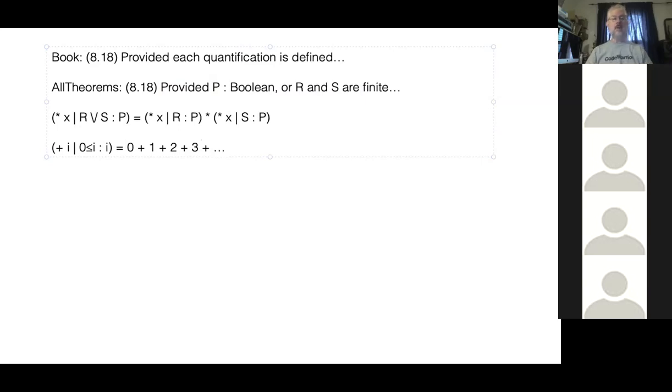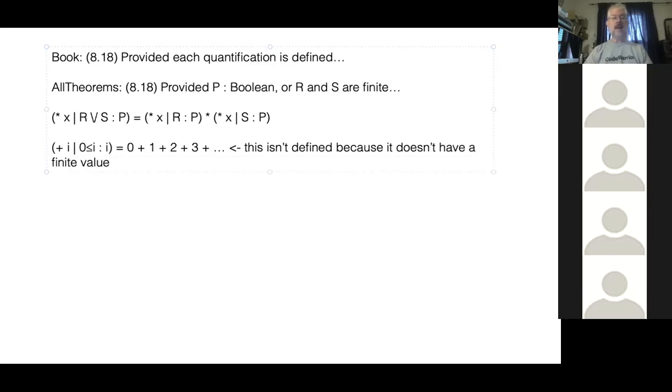I'm adding up all I that are at least 0, which is 0 plus 1 plus 2 plus 3 on to infinity. That's not defined, because it doesn't have a finite value.